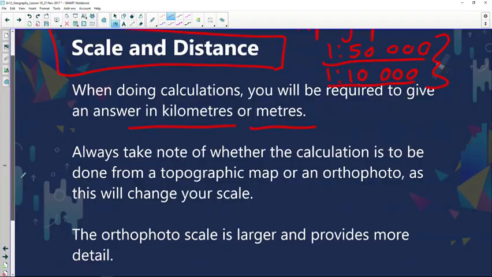Now, very importantly, always take note if the calculation is going to be on the topographic map or the orthophoto. I've seen it time and time again. The biggest mistake that learners make in this question paper is that they don't read the question properly. Make sure whether you need to do the calculation on an orthophoto map or on a topographical map, because we use different sets of formulas.